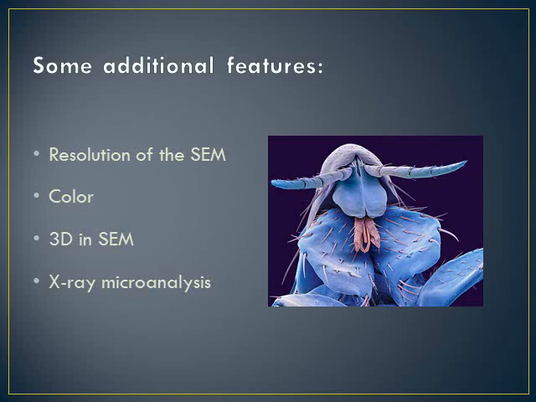The resolution is also limited by the size of the interaction volume, or the extent to which the material interacts with the electron beam. The spot size and the interaction volume are both large compared to the distances between atoms. So the resolution of the SEM is not high enough to image individual atoms.